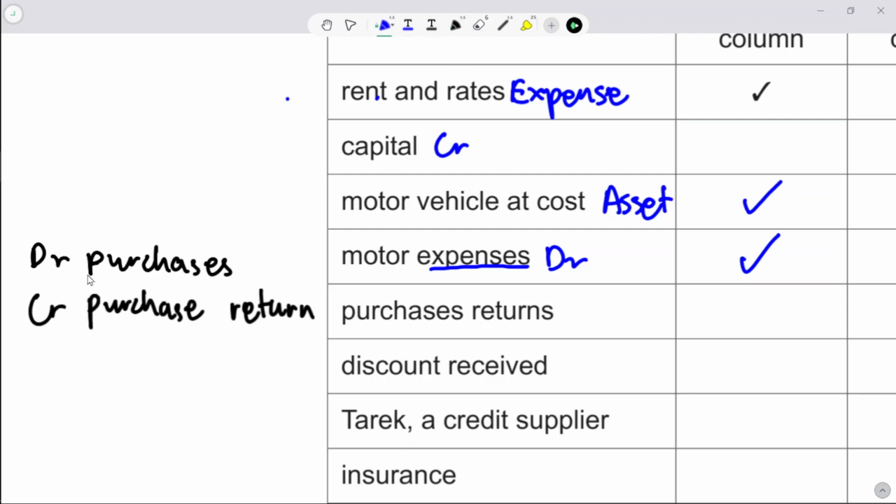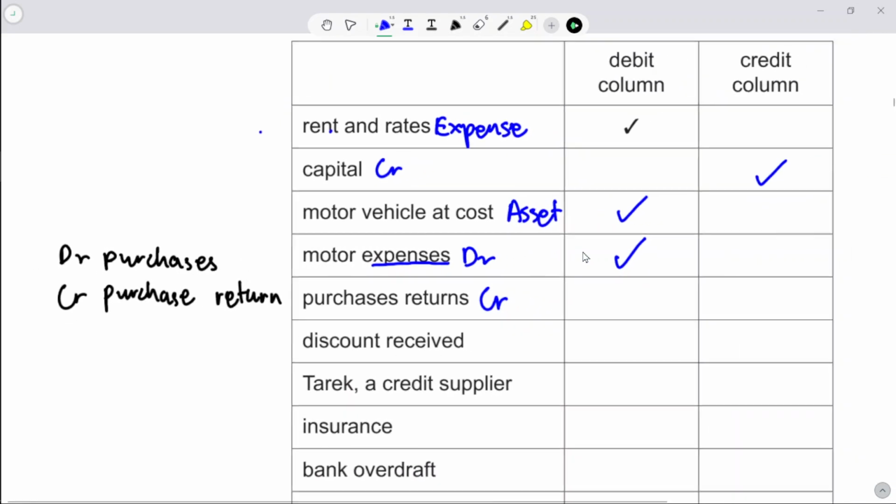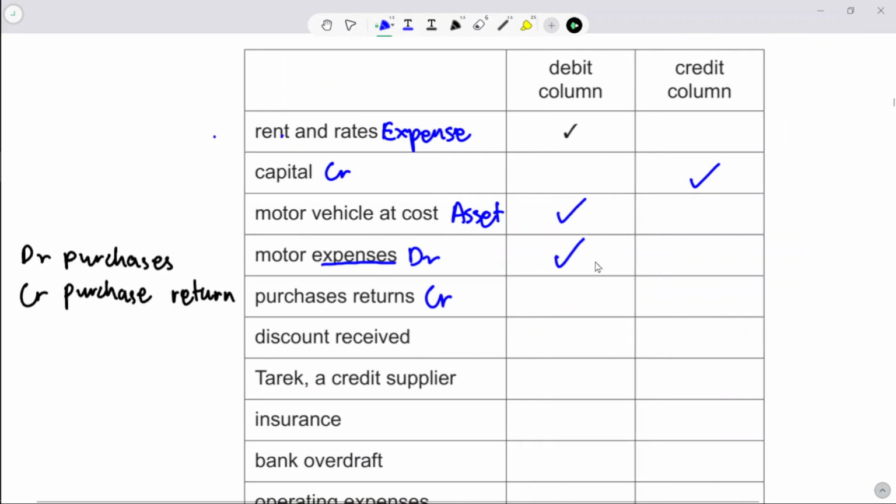It's just the opposite way around, so it's credit. So this one I put credit. Discount received is an income, so credit.